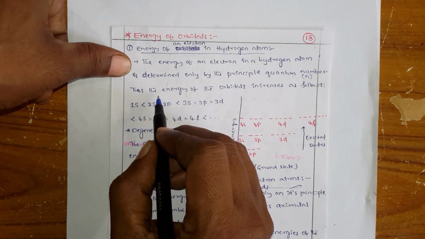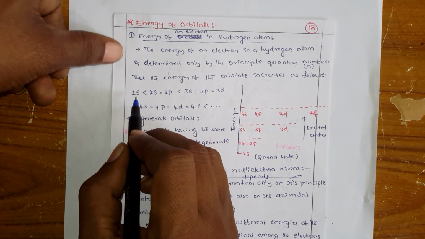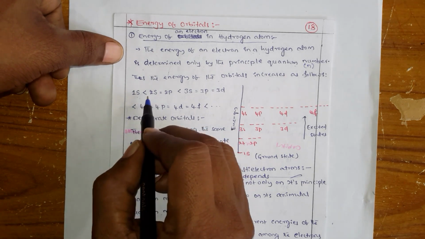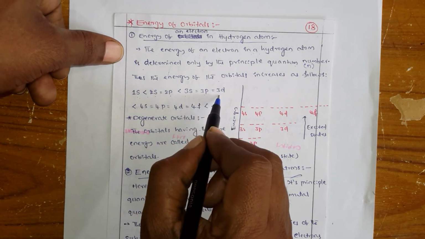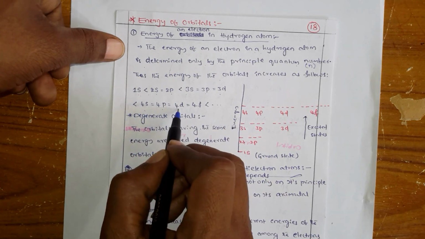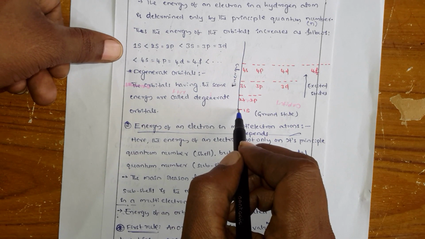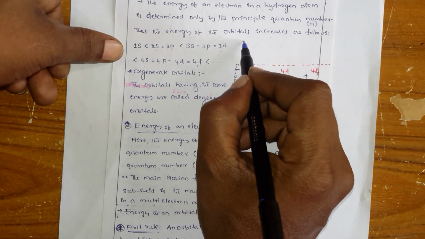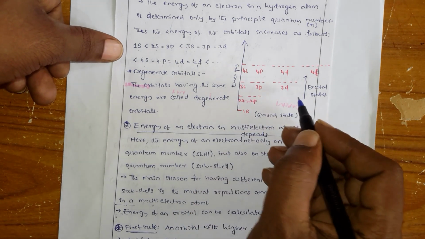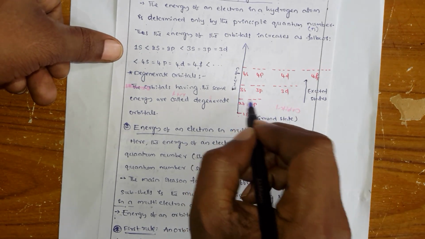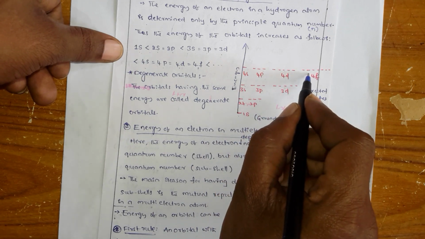So the energy of the orbitals increases as follows: 1s is lower than 2s, 2p, than 3s, 3p and 3d, than 4s, 4p, 4d and 4f. Look at the same diagram, energy increasing from bottom to top: 1s, 2s, 2p, 3s, 3p, 3d, 4s, 4p, 4d and 4f. Very simple.